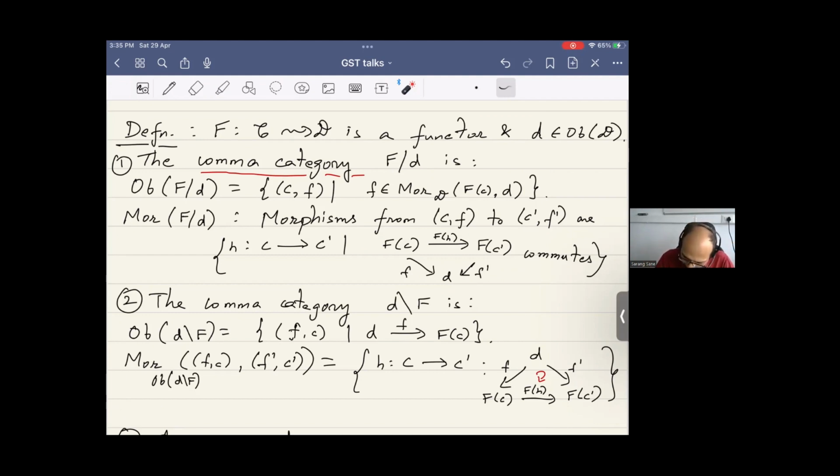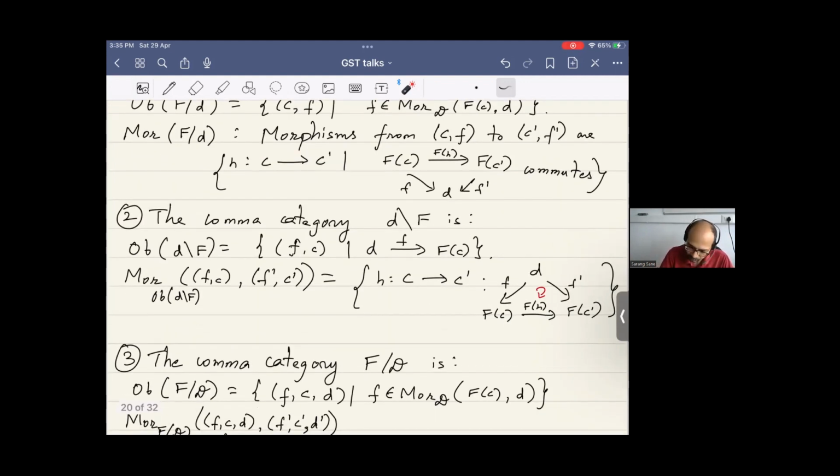Similarly, you can imagine there is a dual category to this, where the D comes on the other side. So this is D comma F. And this is where things start from D and end with objects from C. Then morphisms are again similar, but here you have a dual: you have things from D and the corresponding diagram should commute.